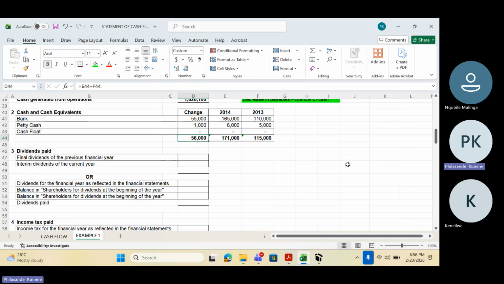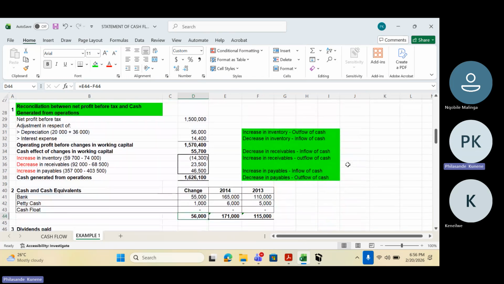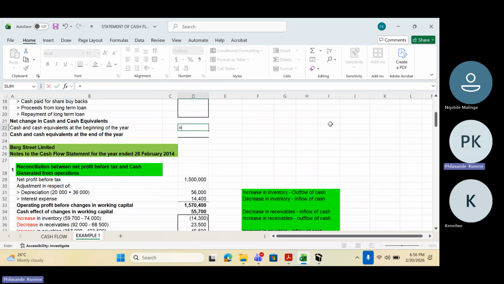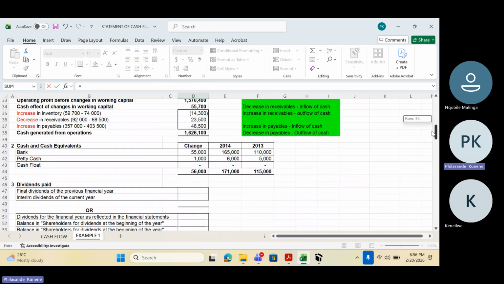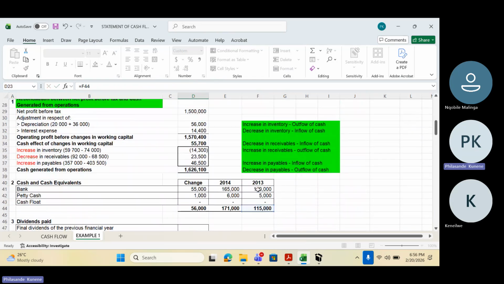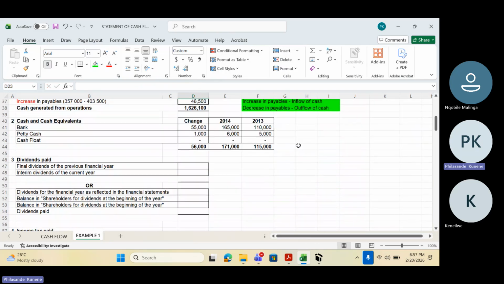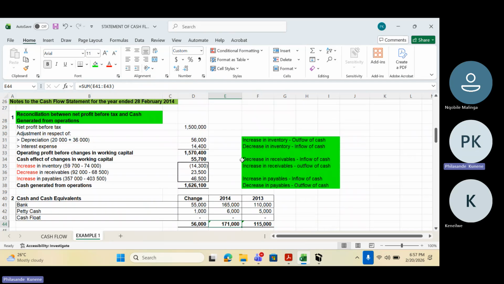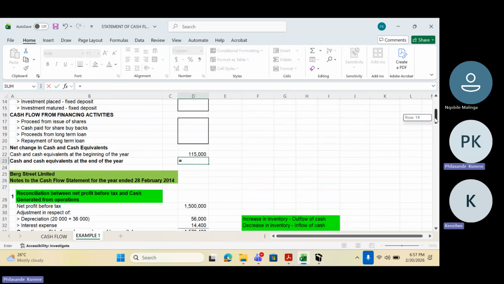Okay. So which means now my net change in cash and cash equivalents, right? Cash and cash equivalents at the beginning of the year, how much do I have? It is going to be 115,000 at the beginning of the year because this is what I have. And then at the end of the year, it is going to be 171,000.